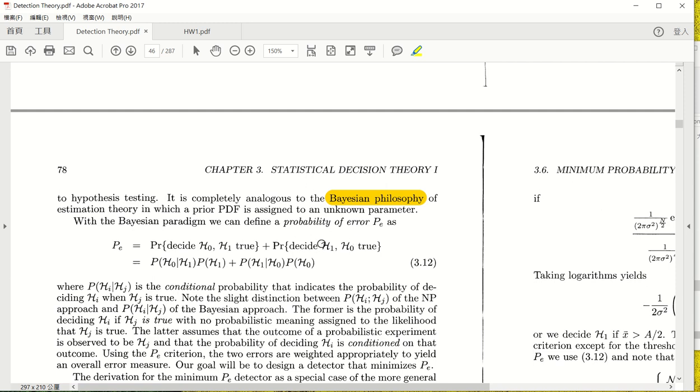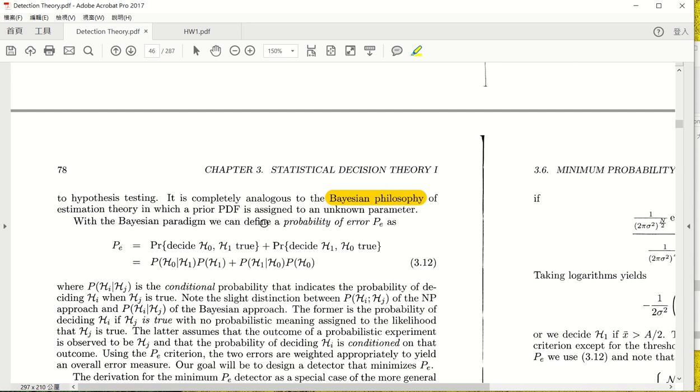That is another type of error. So think about it, right? The binary problems. If it's multiple hypotheses, then the error event will be more complicated.